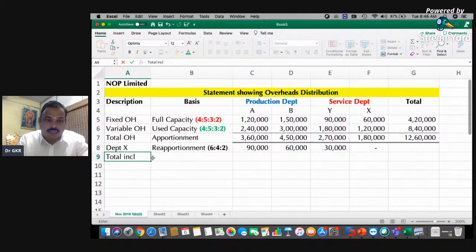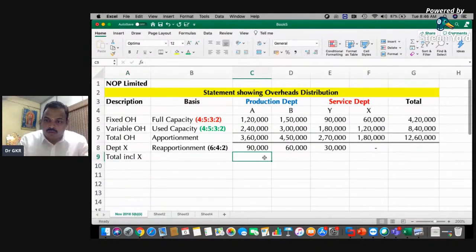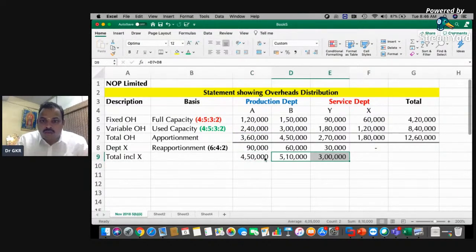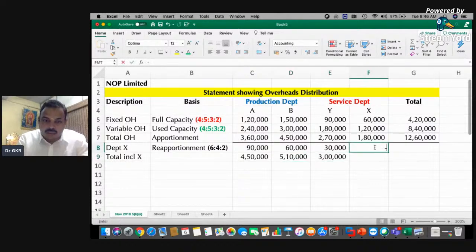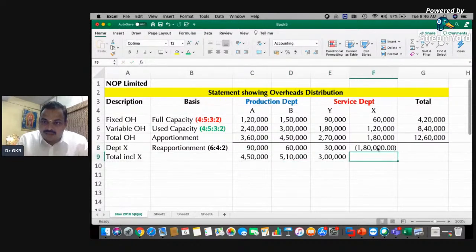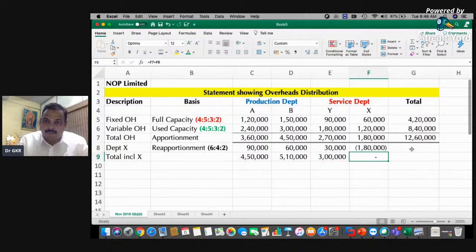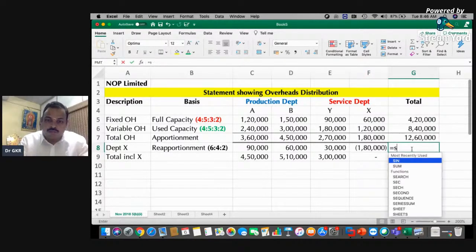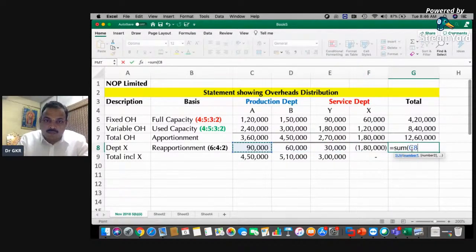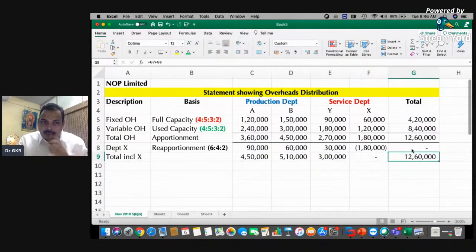So now, what is your total including X? So this is 3,60,000 plus 90. So technically 1,80,000 minus 1,80,000 has been distributed. So this is done. If you take the sum, it is actually 0 because there is no additional thing.